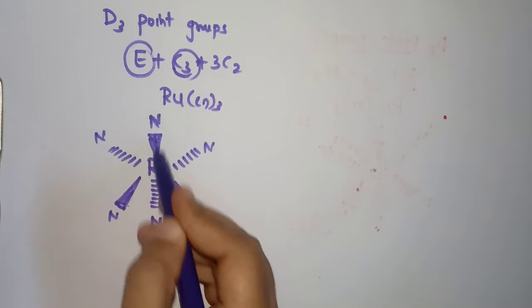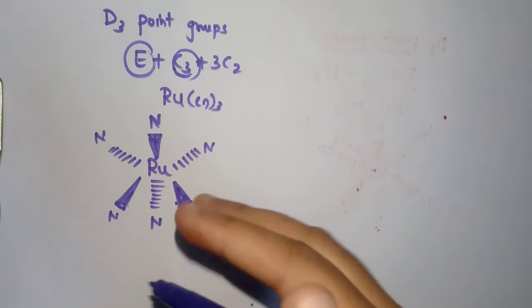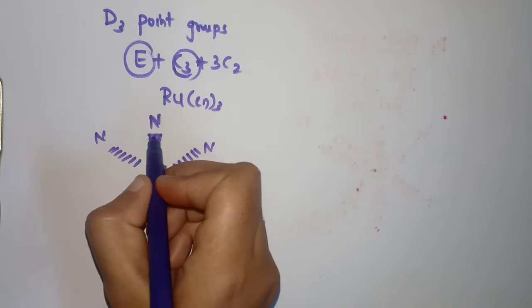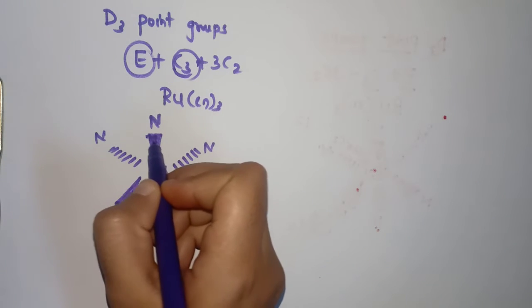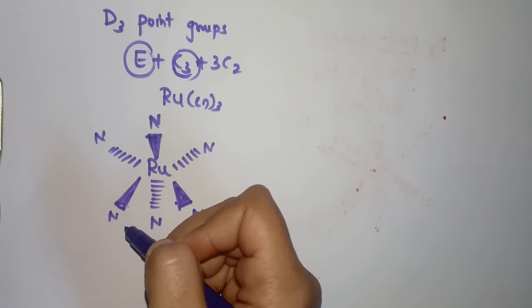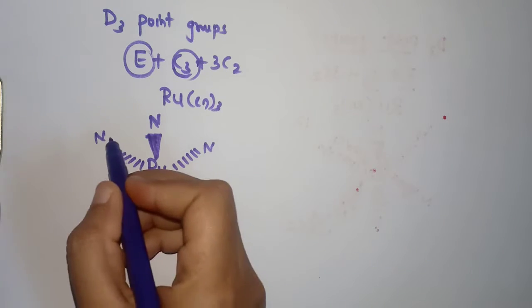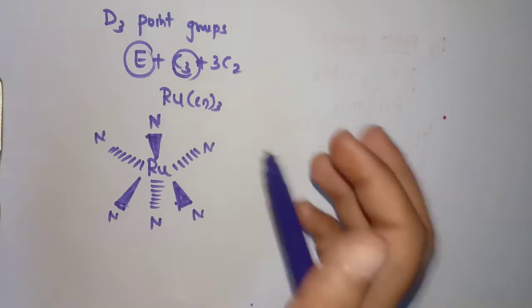See here, these three nitrogens are present towards the observer. This is the wedge shape. Nitrogens are present towards the observer, whereas these dashed nitrogens are present away from the observer.